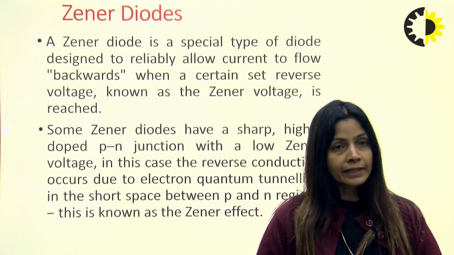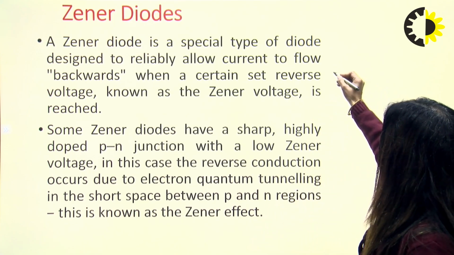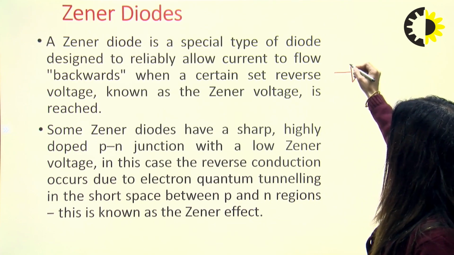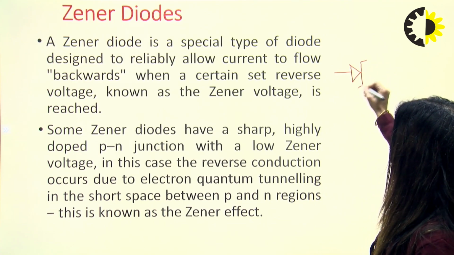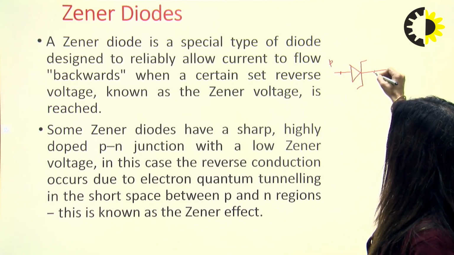That means, let's say I'm taking a Zener diode. First of all, I will draw the symbol of the Zener diode. This is the P terminal of the diode and this is the N terminal.